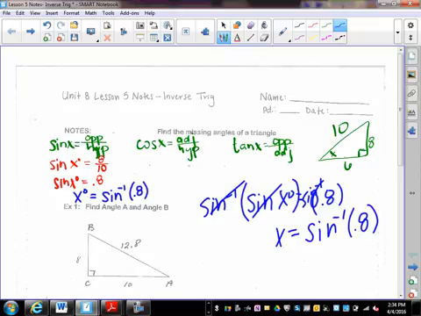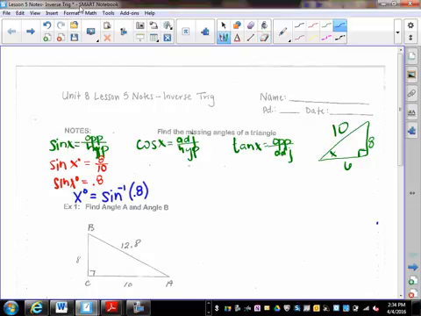This is not bad, I guarantee you. Right now, we have sine of x equals 0.8. The only way to get x by itself is to get rid of your sine. Sine is an operation. I cannot just divide by sine. If I said divide by sine, that's like saying divide by square root, divide by absolute value, divide by plus. You can't just divide by an operation.